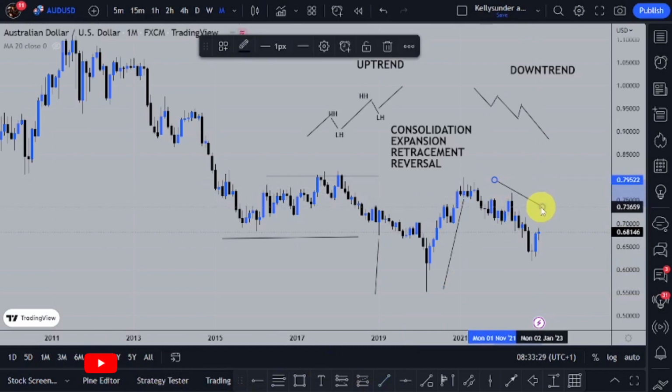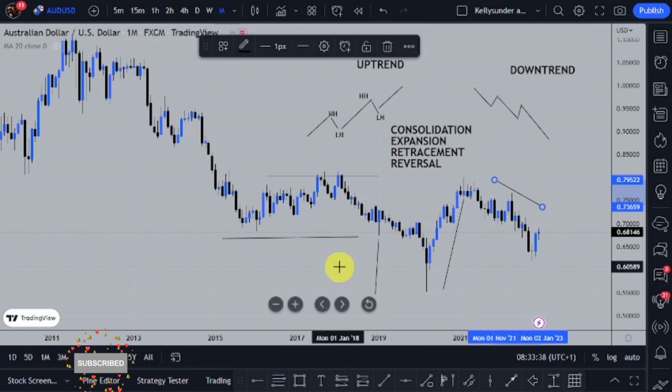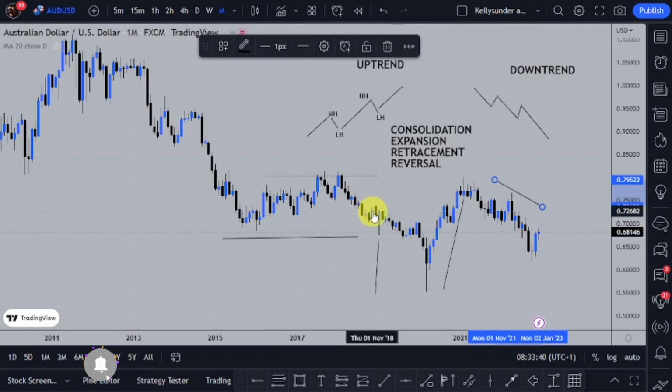So these are the four characteristics you expect to see in the market structure, right? You expect to see the market consolidate, then expand, then probably retrace, then also reverse. There is no other movement you will see in the market that is not these four things.